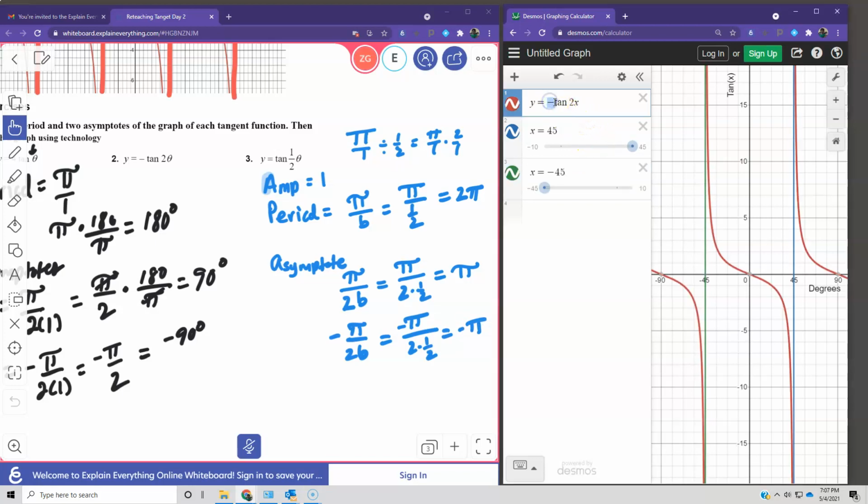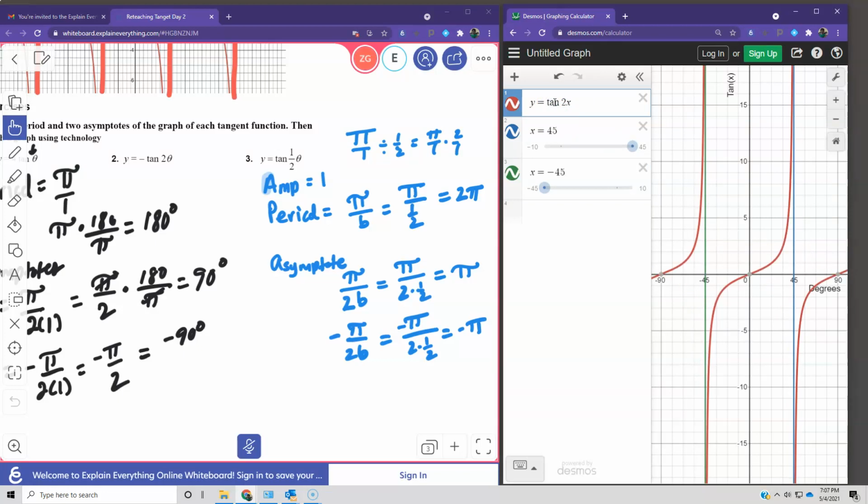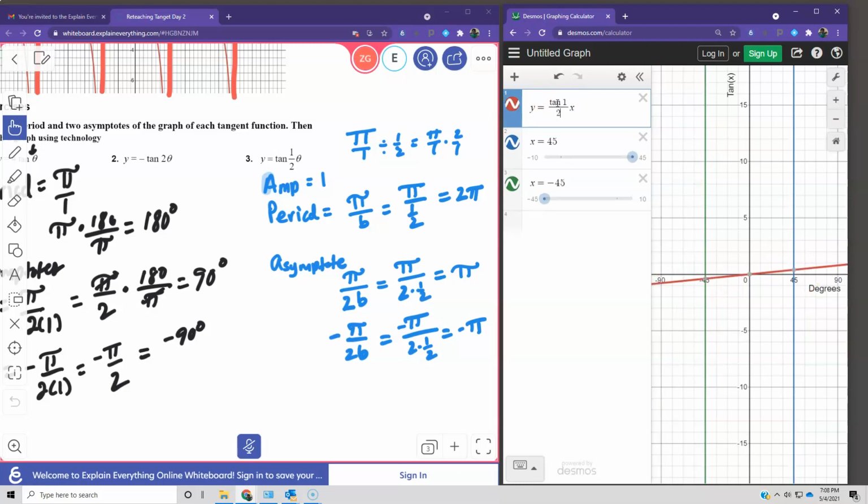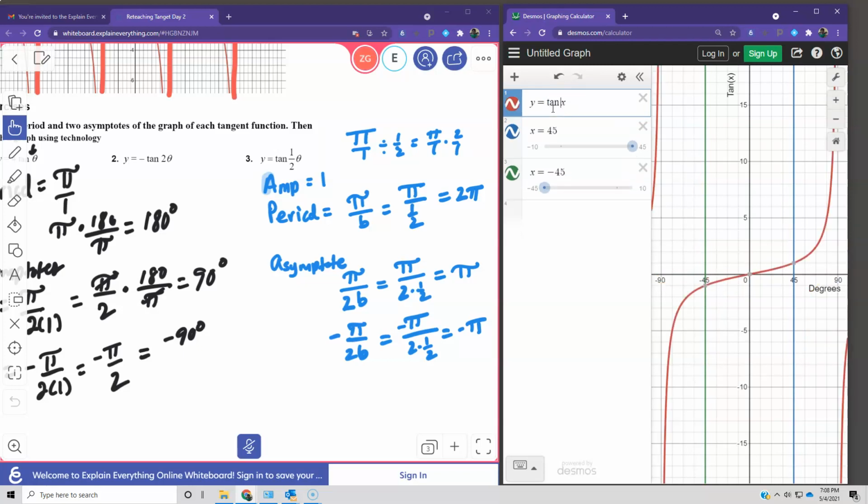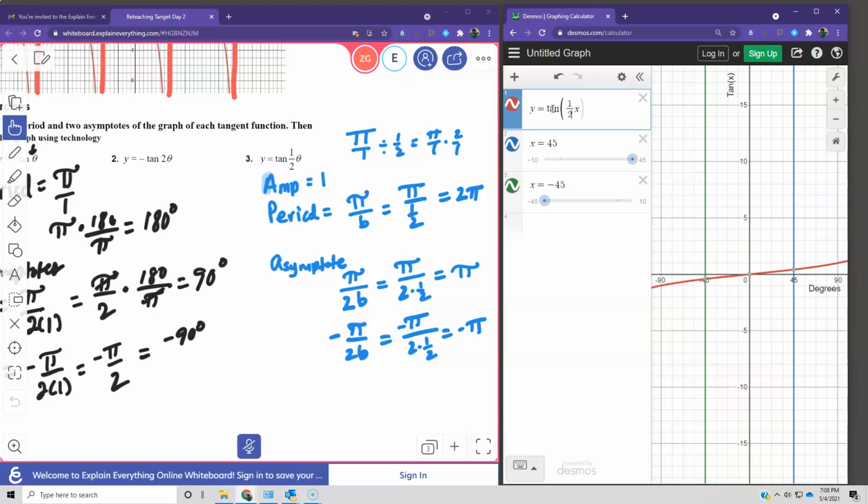So I'm going to go ahead and take away the negative. Instead of 2, I'm going to go ahead and write 1 divided by 2. Let me put parentheses around this. 1 divided by 2.